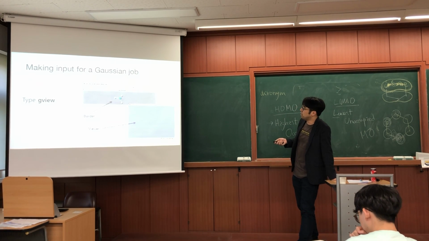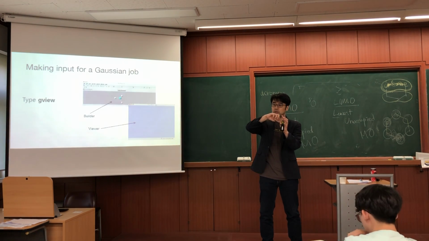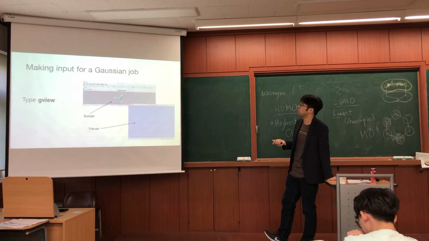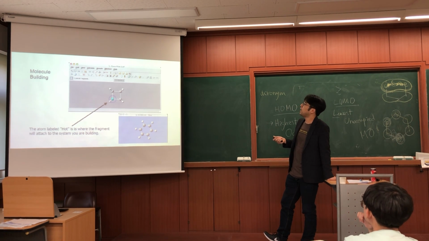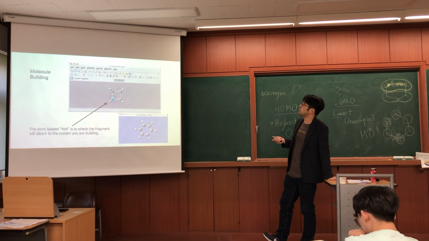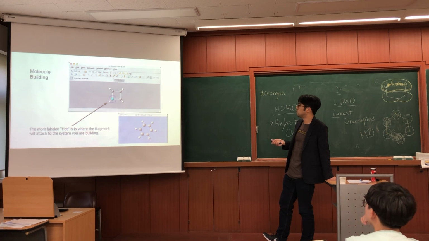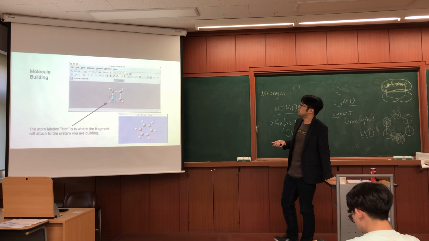It has a builder window and a viewer window. In order to run a molecule, first we have to build it. We have to draw a molecule, right? By using GaussView, we are going to build a molecule. As I mentioned, this is the graphical interface. There are many icons, and you're going to actually do this on Friday. By using these icons, you can draw this molecule, and you can draw this molecule like this.